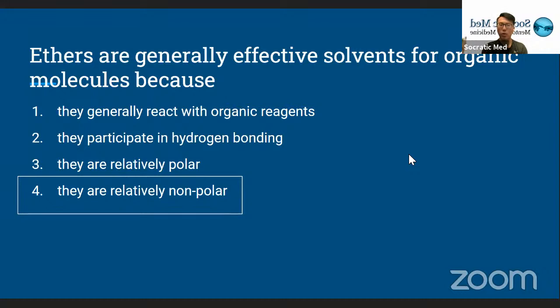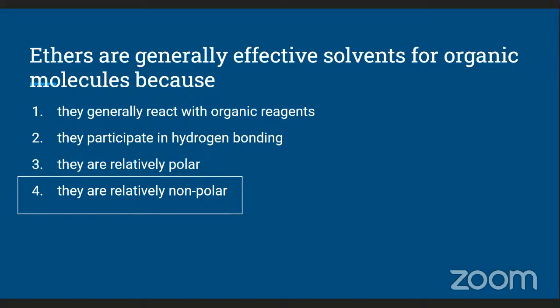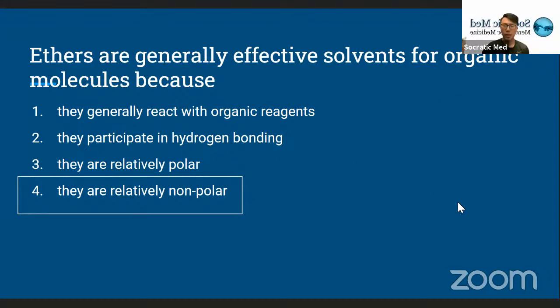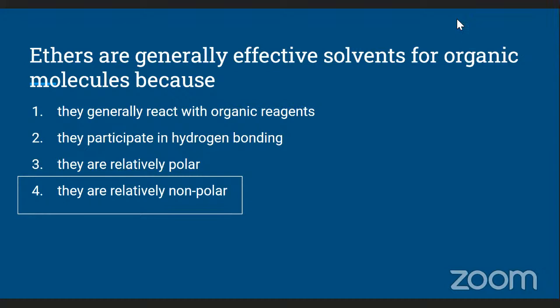Most of the polar molecules are alcohols, carboxylic acids, amines, stuff like that with electronegative elements that will make them polar. Ethers are mostly long carbon chains, so that would be non-polar because of all those carbons and hydrogens. Does that make sense? Yeah, that makes sense. Thank you. Okay, no problem.